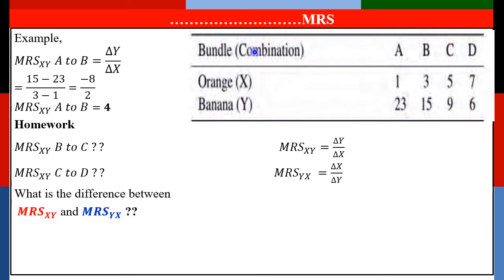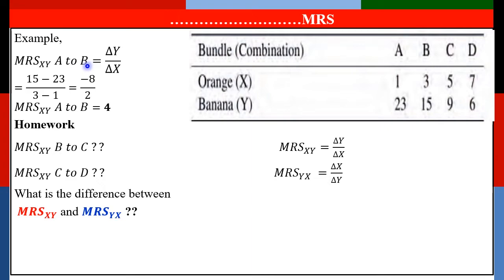There are two commodities, orange and banana, and there are combinations A, B, C, and D. How can we calculate the marginal rate of substitution from A to B when an individual moves from point A to point B? The amount of x increases from 1 to 3. The amount of y, that is banana, decreases from 23 to 15.